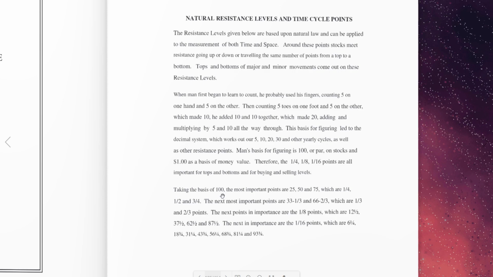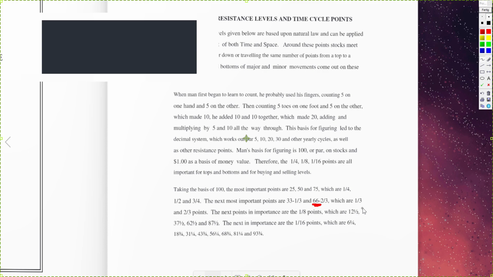Taking the basis of 100, see what I mean? 100, 100, 100. The most important points are 25, 50, 75, which are 1/4, half, and 3/4 of what? 100, right? The most important points are 33, 66, which is 1/3 and 2/3 point.